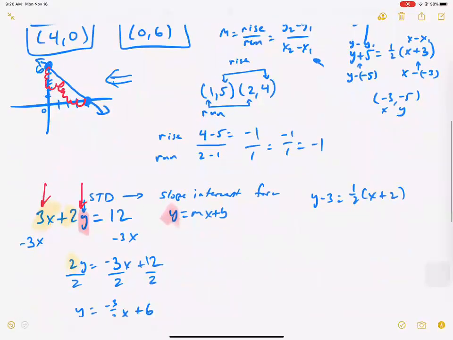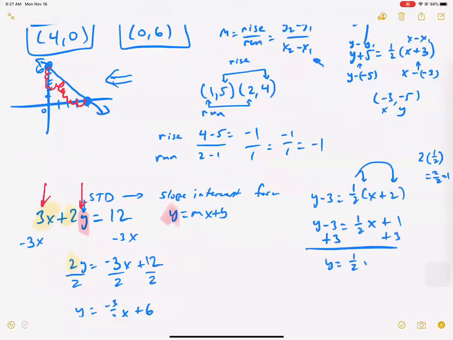For this problem, we're going to have to get rid of the parentheses. There's no parentheses in slope-intercept form. So let's distribute: y minus 3 is equal to 1/2 x, and 1/2 times 2 is 2 over 2, which is 1, plus 1. We're almost done here. Solving for y, opposite of minus 3 is plus 3 to both sides. y is equal to 1/2 x plus 4.